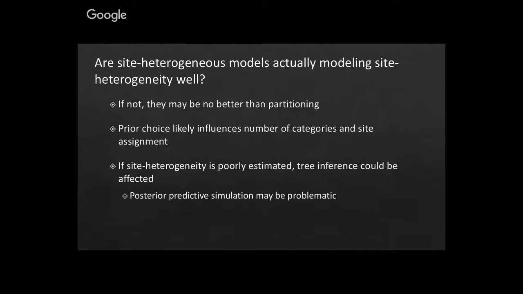I think it is worth pointing out that prior choice, particularly the hyperprior and the Dirichlet process prior, probably does affect the way categories and site heterogeneity are inferred in PhyloBayes. We didn't look at prior choice because with the current implementation of CAT models in PhyloBayes MPI, you can't really explore prior choice, although I think this would certainly be an interesting thing to look at in the future.